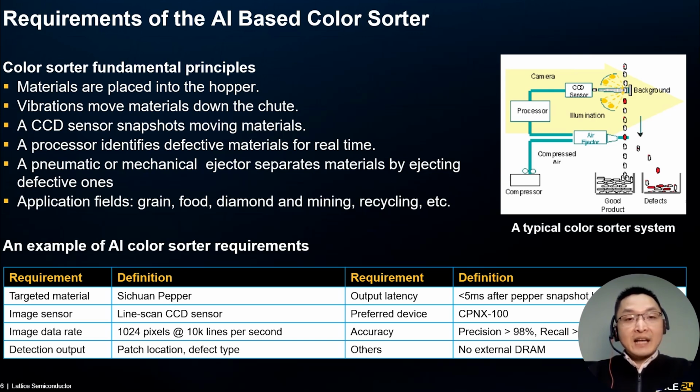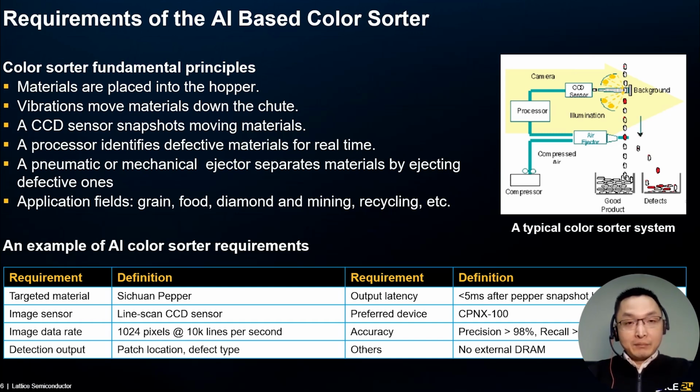A line scan CCD sensor is usually used to capture the image of the fast-moving materials. A light source will be positioned at the background. Then, a processor will be used to analyze the line scan image stream and identify the defective materials.